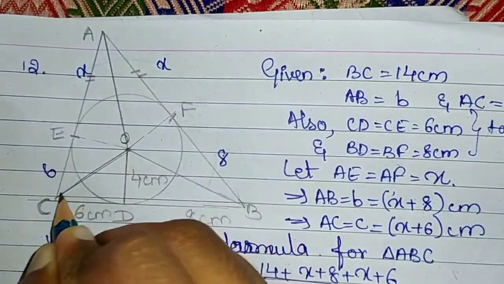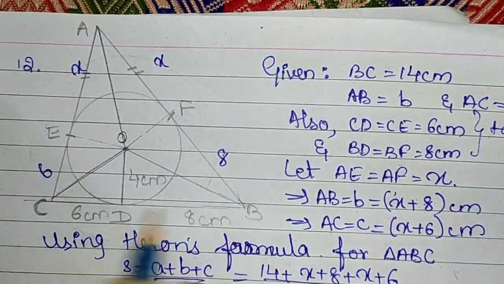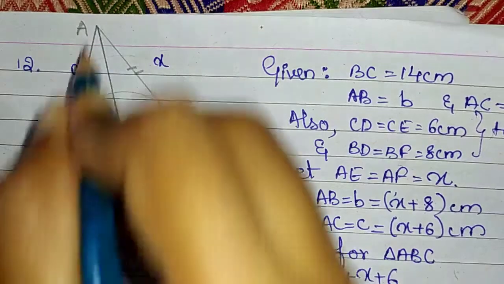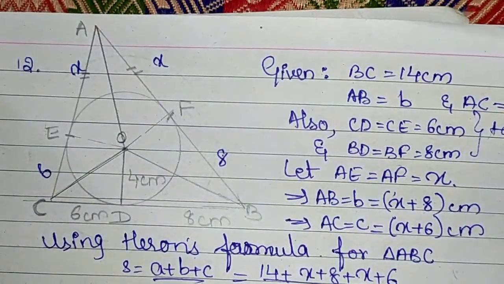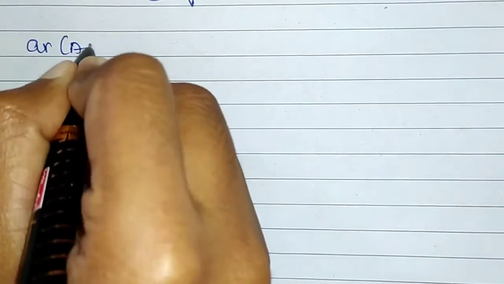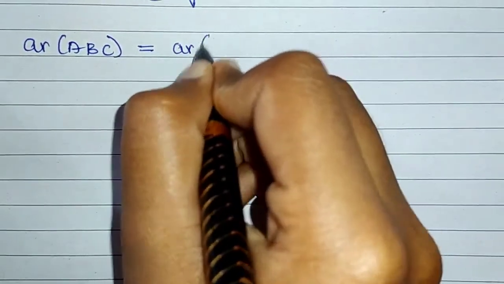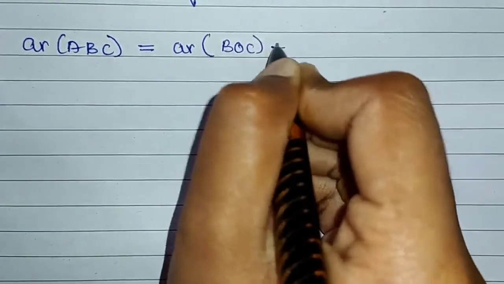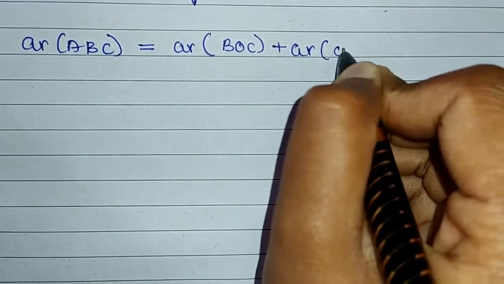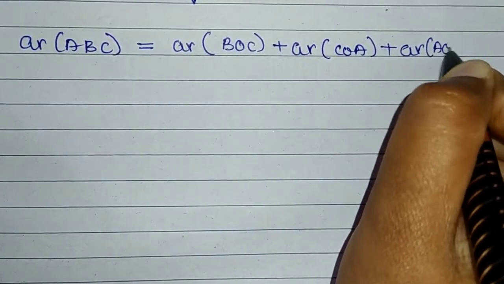So the whole ABC has been divided into 3 triangles, that is triangle BOC, AOC and triangle AOB. So we can confidently write area ABC is equal to area BOC plus area COA or AOC plus area AOB.